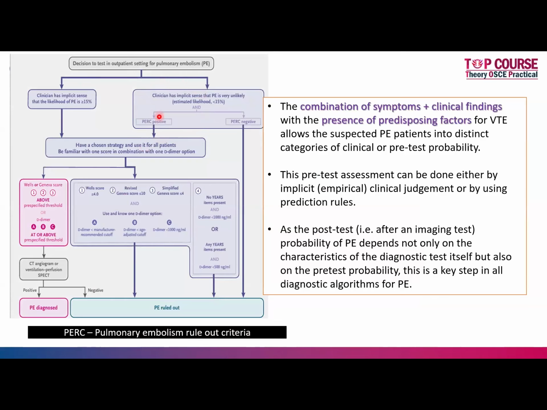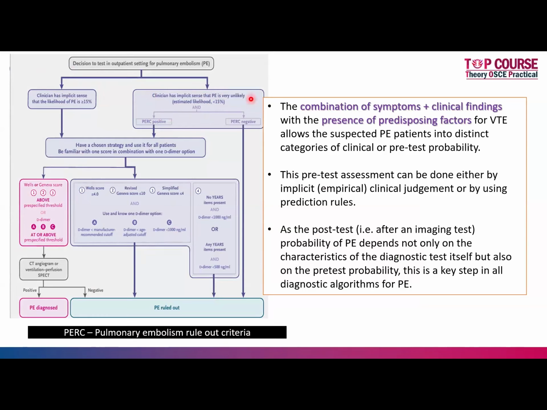This we will be again discussing in the subsequent slides. So if there is a high likelihood, that is more than 15%, then we choose to do the next set of basically scoring systems for the patient.